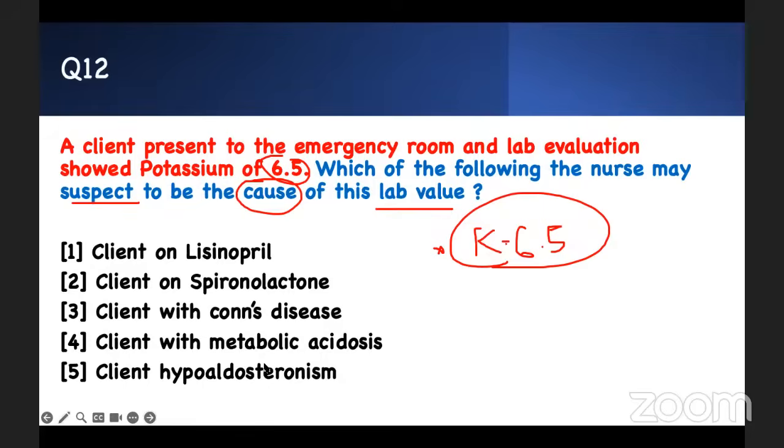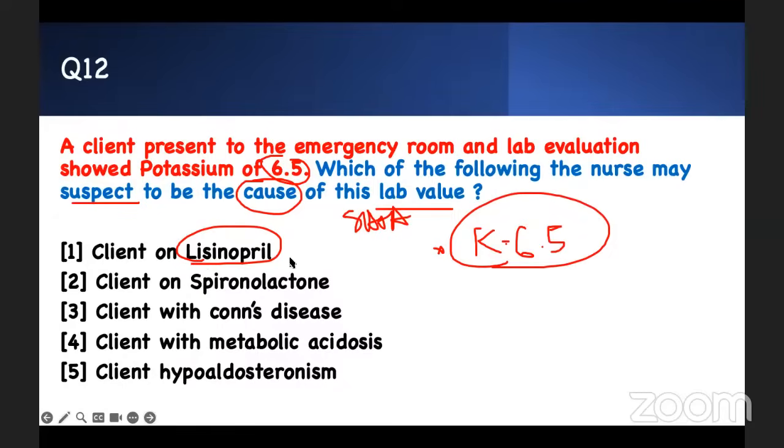Then you look at the individual situation and make sense out of it. Bring your pharmacology, and if it makes sense, you pick it. If it's not, you leave it. So this is select or apply. Client on lisinopril. What do you guys think? Does it make your potassium 6.5?